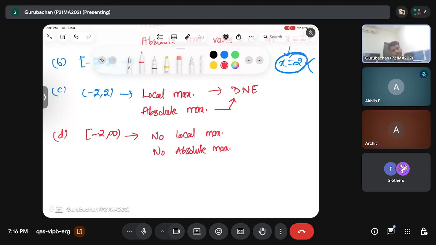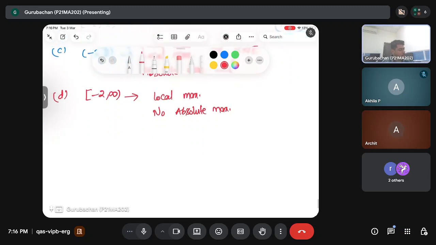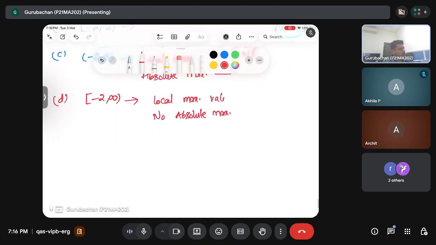Will it be there? Yes, sir, at -2. How can you say that? Because we are not talking about absolute. Good. -2 is in a closed interval, so we can say that it's a local maxima, sir. Good. So the local maximum value will be 0 at x equal to -2.